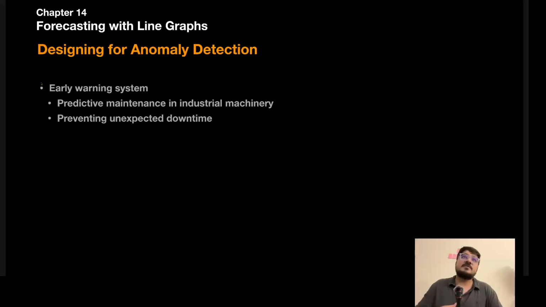And there is also an early warning system. In industrial machinery, there are two types of maintenance. One is predictive maintenance, and the other is after the breakdown: your bike has stopped, all the damage has been done, and now you are going to fix it. That's a kind of post maintenance.